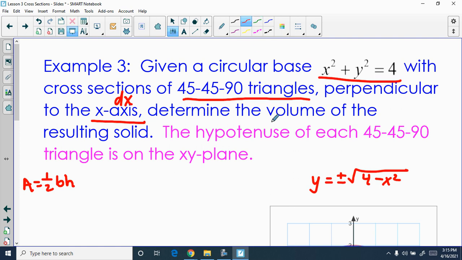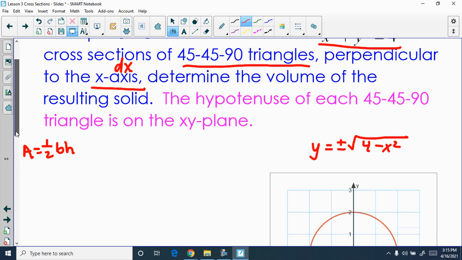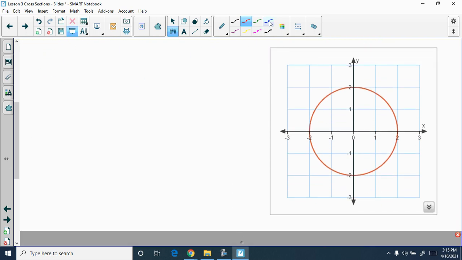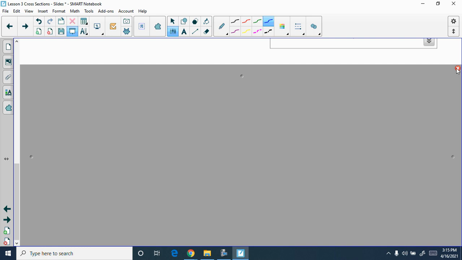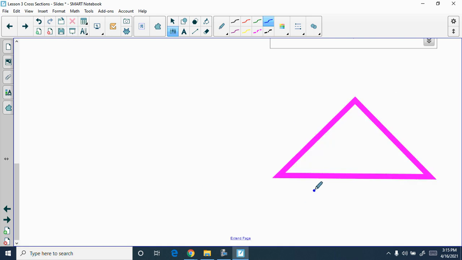They're letting us know that the hypotenuse of the 45, 45, 90 triangle is what is on our xy plane. So what that means is that the base of the triangle is going to be this piece, which we know from those other two problems that we solved is 2 times the square root of 4 minus x squared.